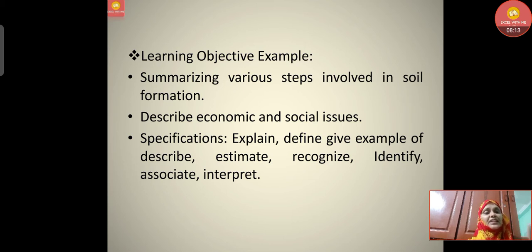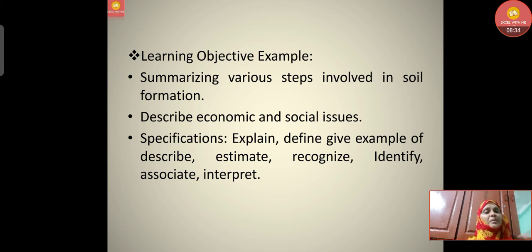That means, how should they write this learning objective? The students will be able to explain. The students will be able to define the soil. The students will be able to explain the soil formation. The students will give examples.